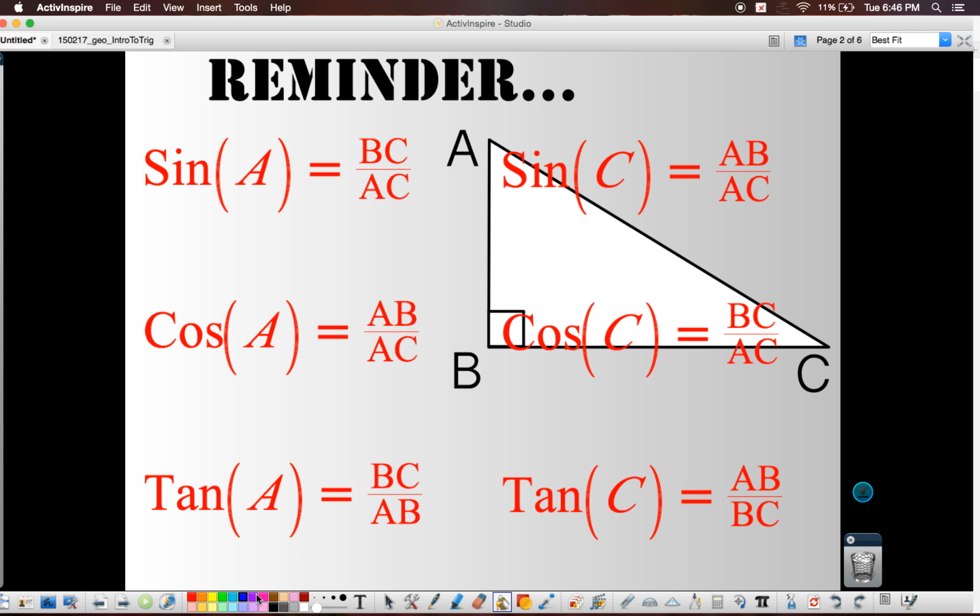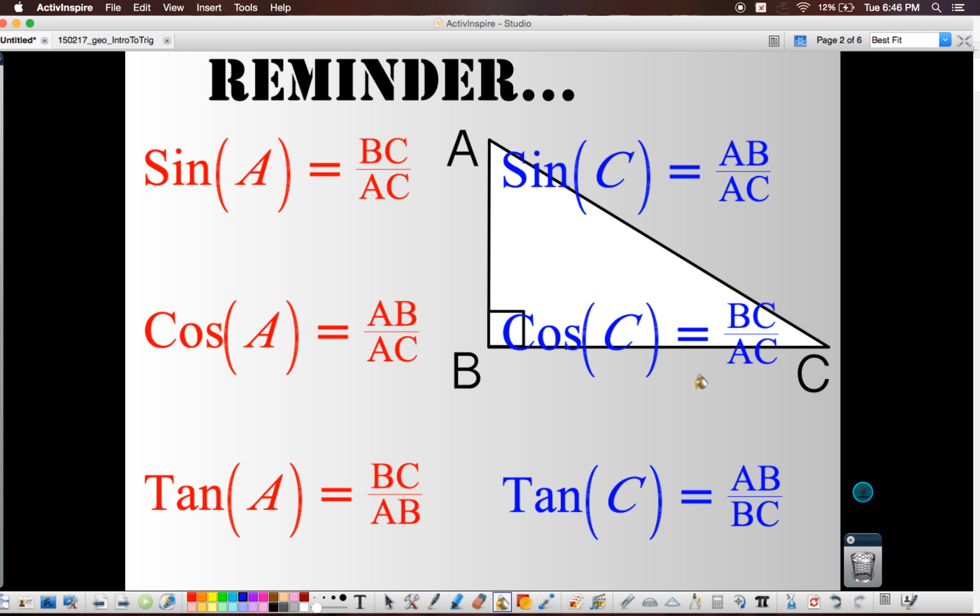There we go. Okay, so the whole thing with these trig ratios is to identify first your focus angle, and then to determine which side is opposite of that angle, which side is adjacent to that angle, and which side is your hypotenuse. Okay, that's trig ratios. All right, just setting up a fraction and determining it.